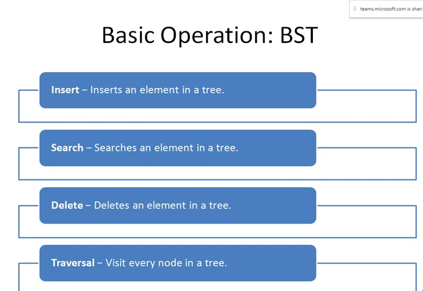The next operation is delete. Here you can delete any element in the binary search tree, which will remove the element from the tree. And the last operation is traversal, that is visiting every node in a tree.